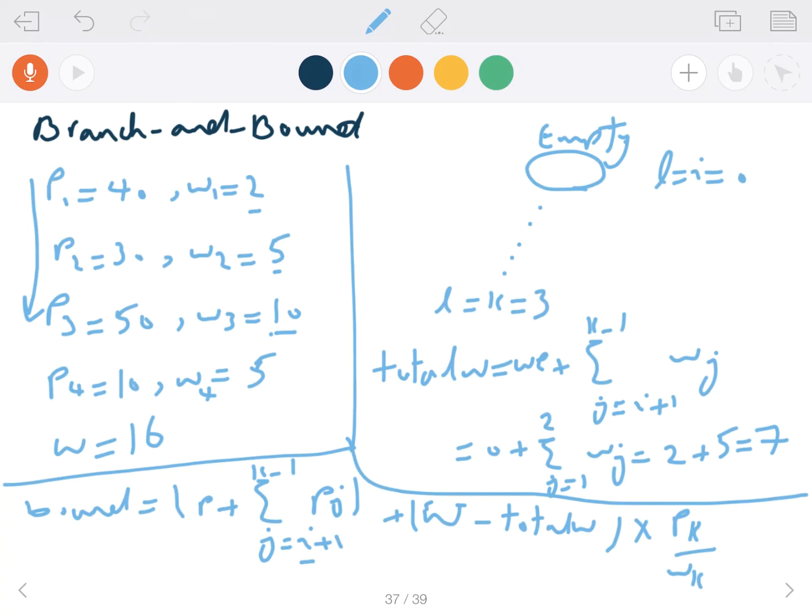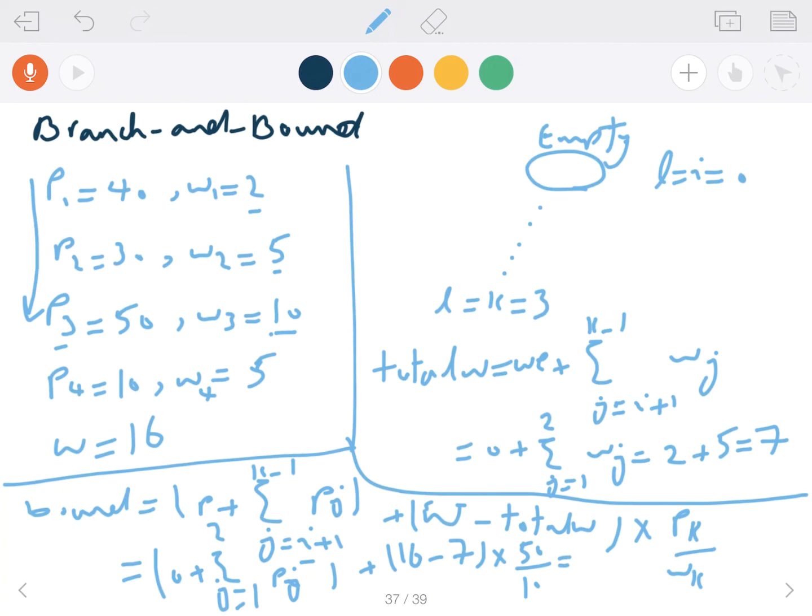in the final bound. So if we want to calculate this bound for this example, the previous gain will be 0, because we haven't included anything yet, and here we'll have j equal to 1 to 2 of pj plus W, that is 16, minus the total W that is 7, multiplied by pk, and k is equal to 3, so item 3, that is 50 divided by 10.